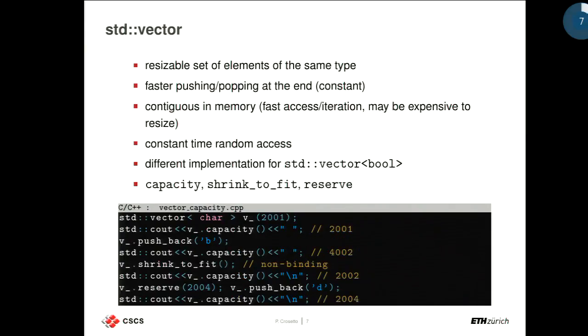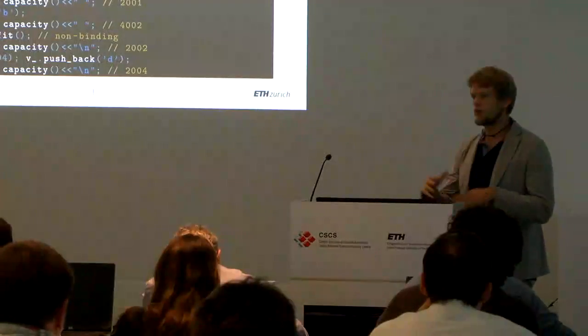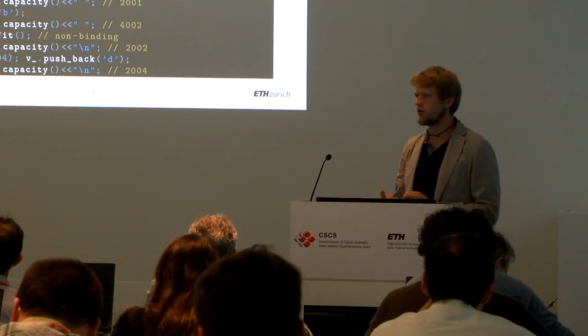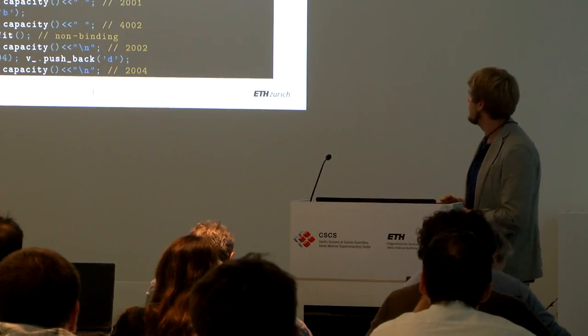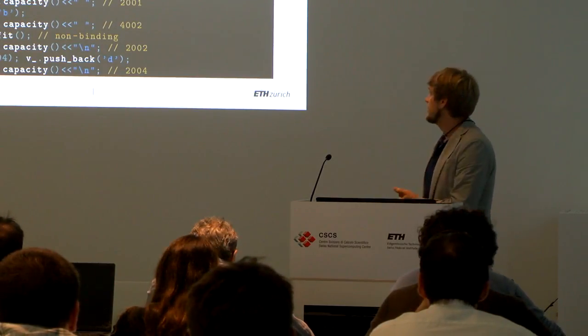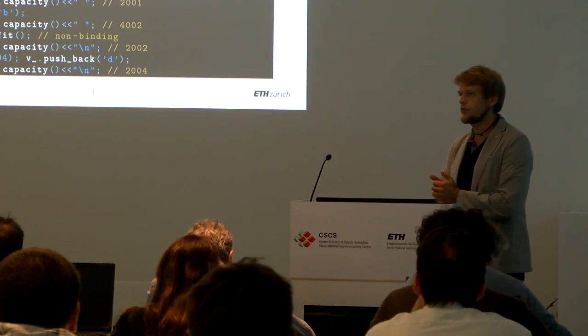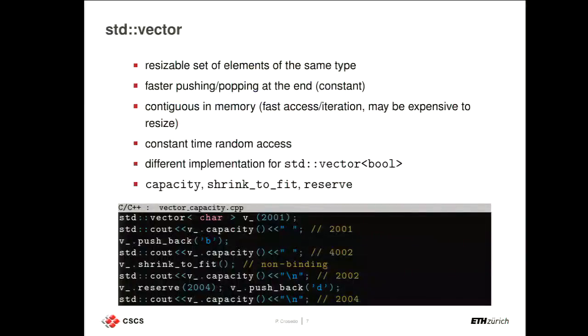The second very common container is the std::vector. This is the most used container most of the time. What you will need is an STL vector. It's resizable, which is already the first difference with respect to the array, and it's fast for pushing and popping elements at the end.